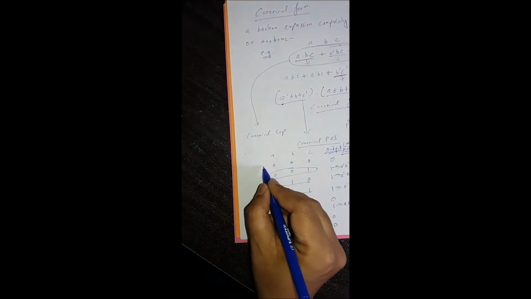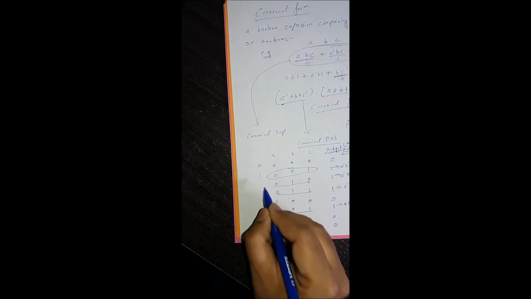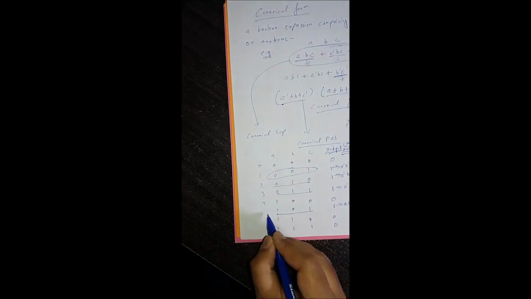Now, if you see here in the truth table, this represents cardinal number 0. This is 1, 2, 3, 4, 5, 6, 7. So if you see, this is cardinal number 1, 2, 3 and 5.